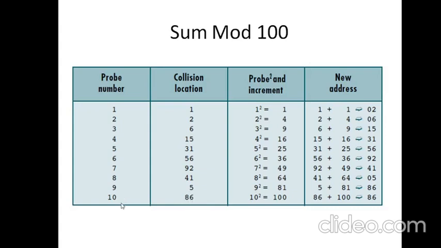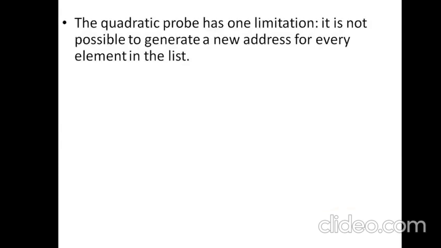The probe numbers are different, the collision resolutions are different, still they generate the same number because of the modulo division we did. So the numbers are duplicated. This is the problem of the quadratic probe. It leads to plenty of duplications.